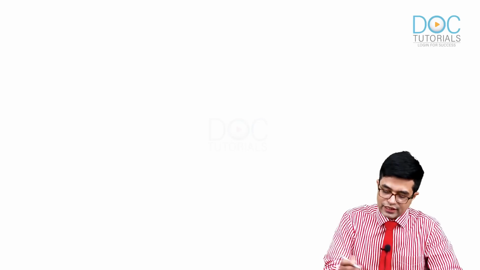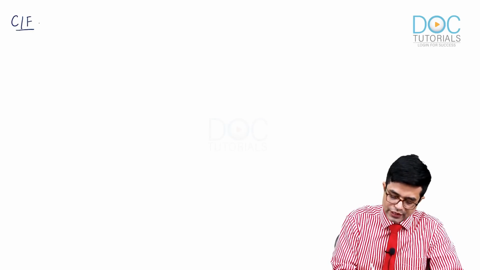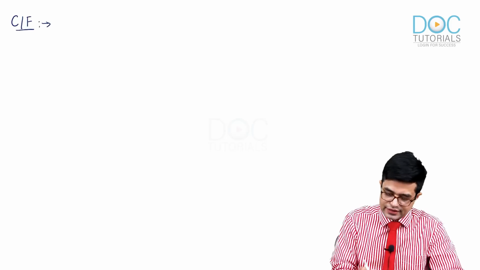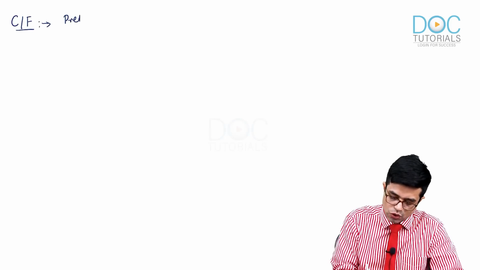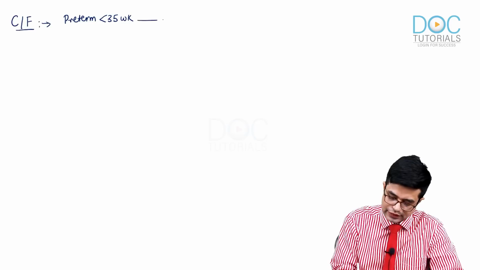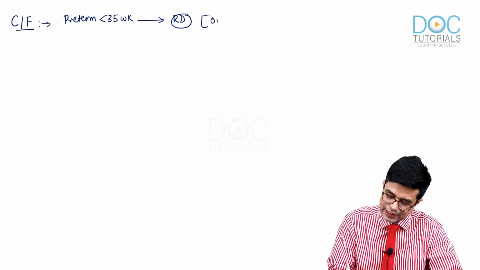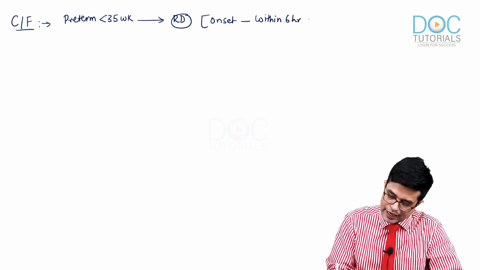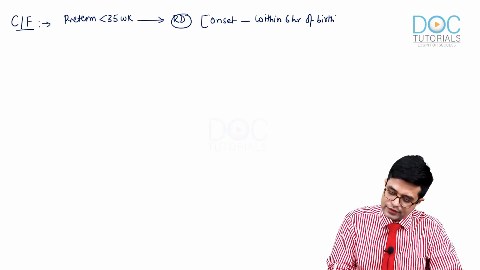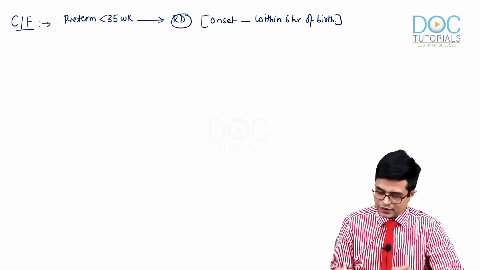Let us move towards the clinical features. The clinical picture is very simple. There is a preterm child who is less than 35 weeks. After birth, the child will develop respiratory distress. The onset of respiratory distress will be within 6 hours of birth, and it shows a very characteristic pattern.